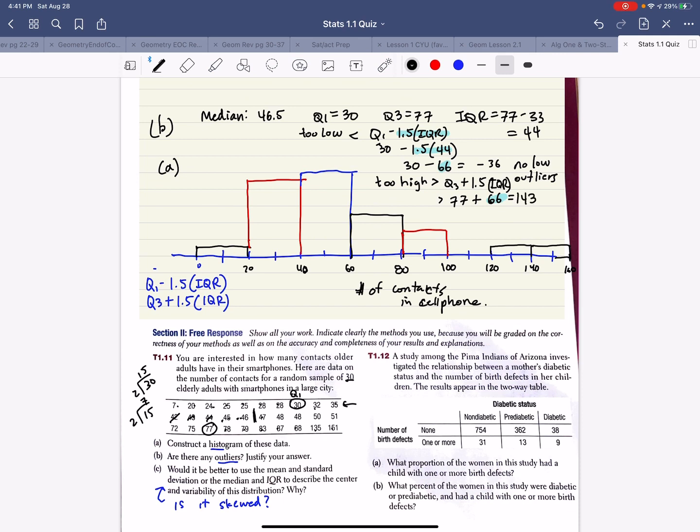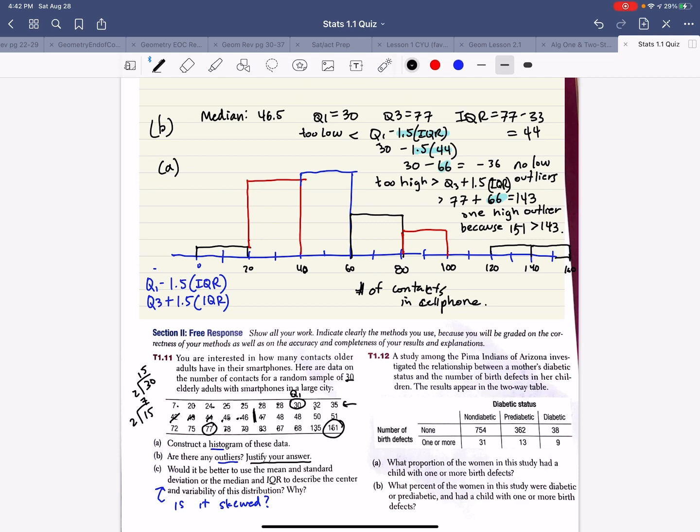So as we look here, we only have one outlier. And they want to know why, and it's because 151 is greater than 143. It says justify your answer.